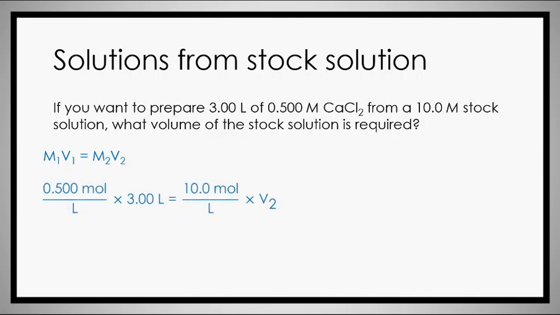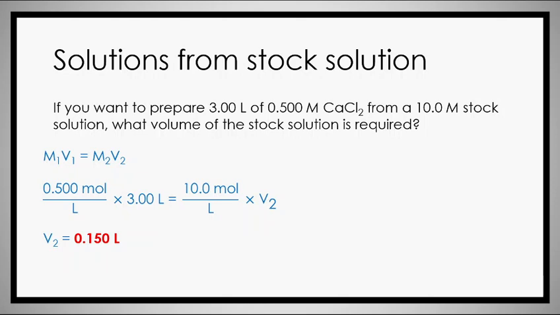Here, again, technically you don't have to split this up into moles per liter, but I just wanted to show you in this example that liters will cancel out those liters, these moles will cancel out those moles, and then your liter down here is going to be the only thing that's left over after all the math. Whenever you plug this into your calculator, 0.5 times 3 divided by 10, you end up with 0.150 liters.